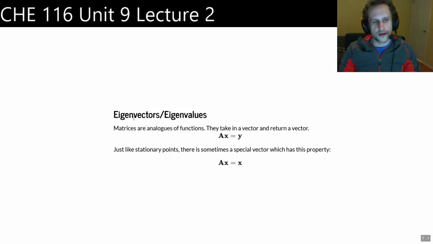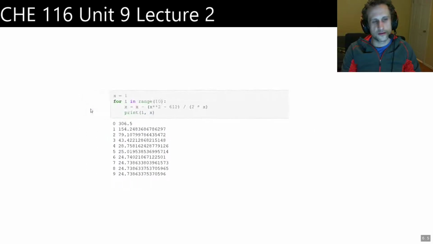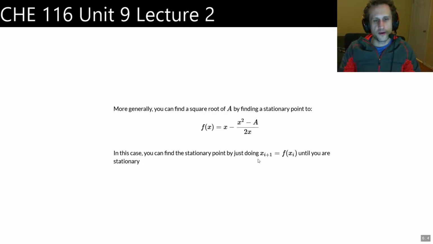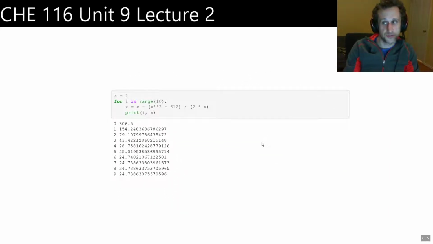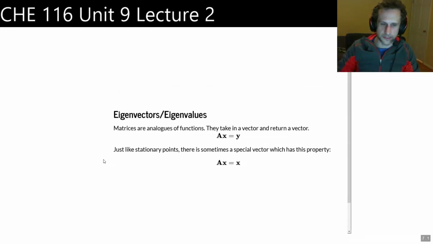Think about this: this point x that's stationary is a property of f of x. It's a property of the function. For my function, there is one stationary point. It turns out there are 2 stationary points for square roots, right? Minus 24, but ignore that.